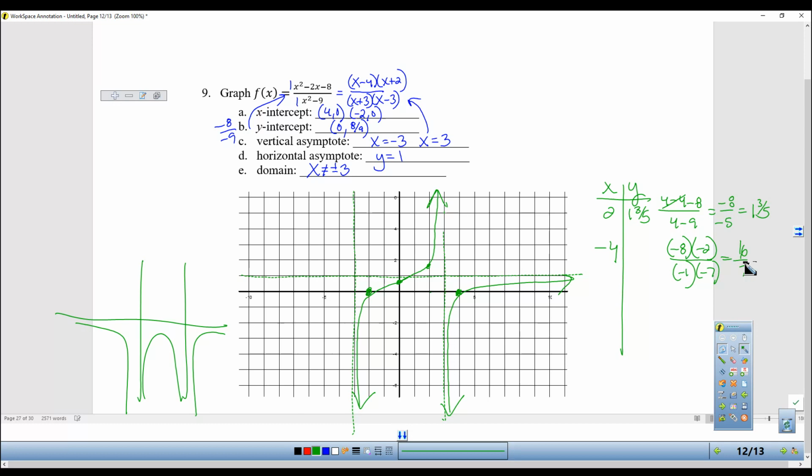So 16 over 7, which is 2 2/7. It doesn't matter to me whether you plug it into the unfactored one or the factored one, so I did one of both ways to show you. Okay, so negative 4 and 2 2/7. Is that where you expected it? I hope so. I expected it up there because it has a nice symmetric look about it.